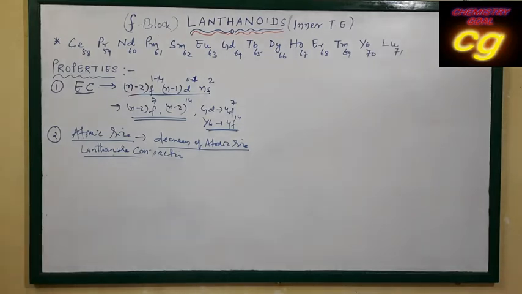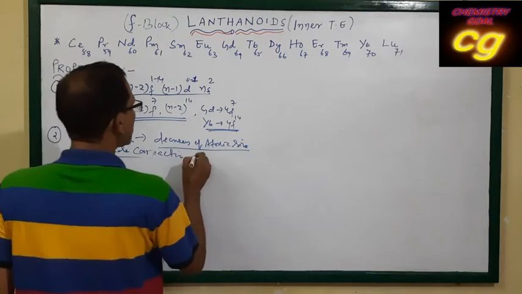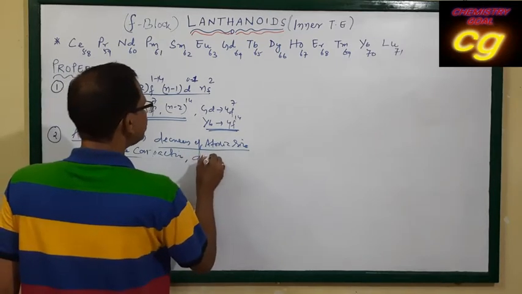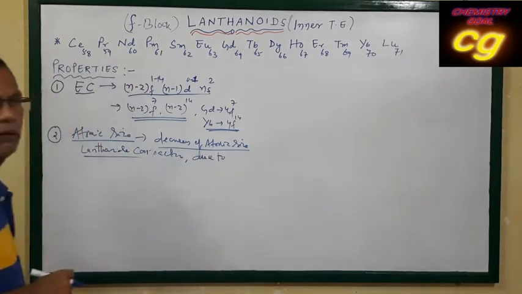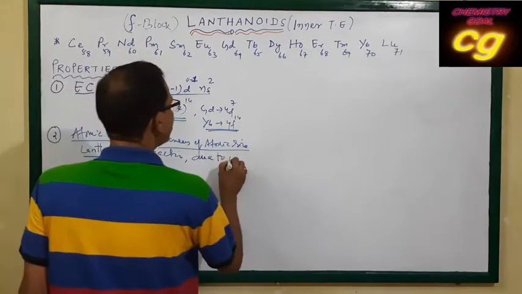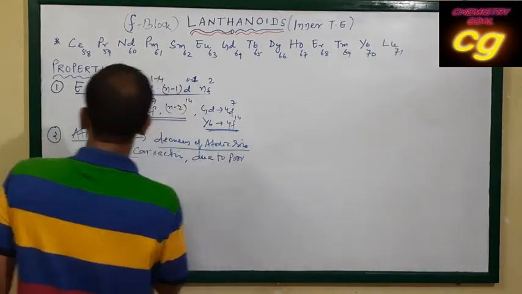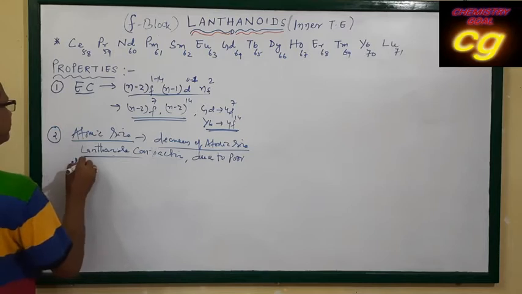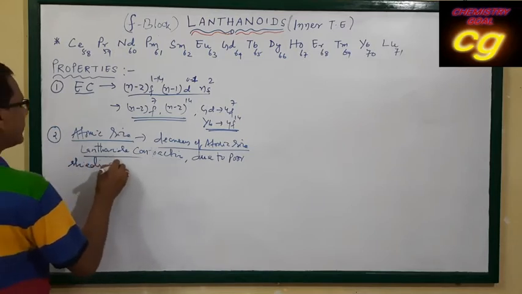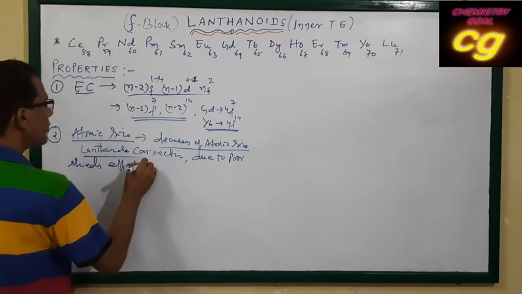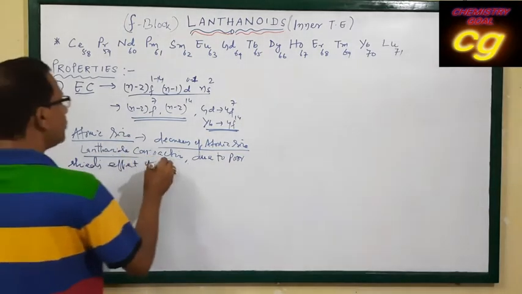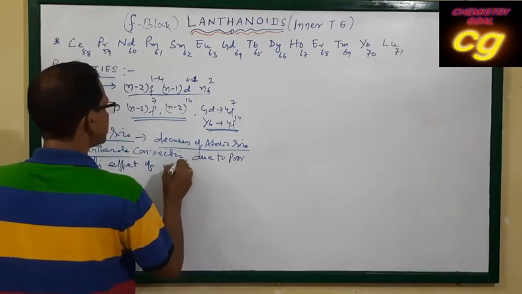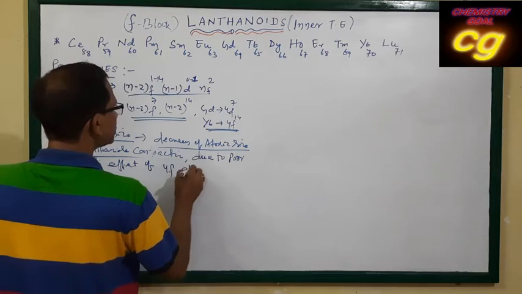Why does the size decrease from left to right? This is due to the poor shielding effect of the 4f subshell, the 4f electrons.